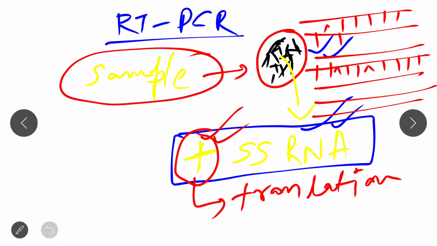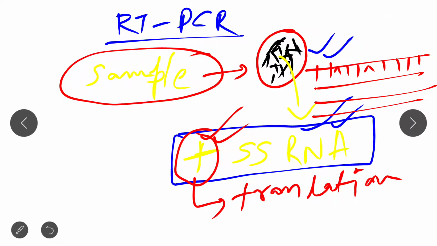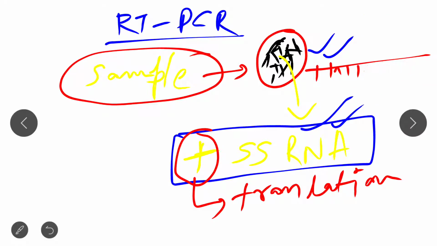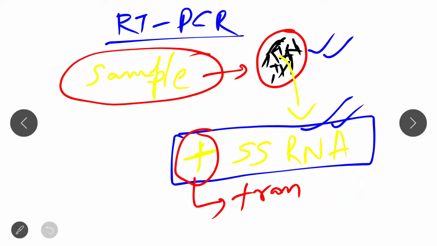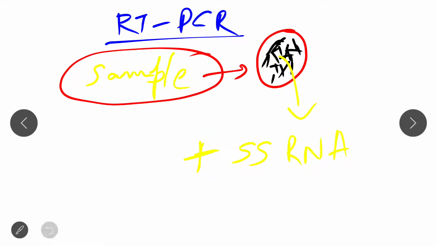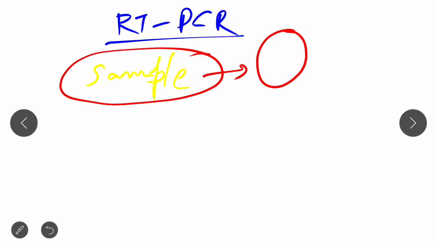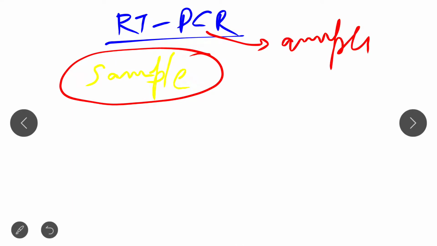Now, another important thing I want to mention is that for the reverse transcription PCR process, you have to remember one thing. We all know that PCR is a technique which amplifies DNA.